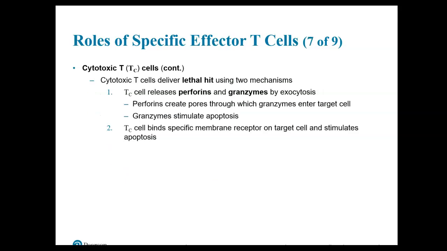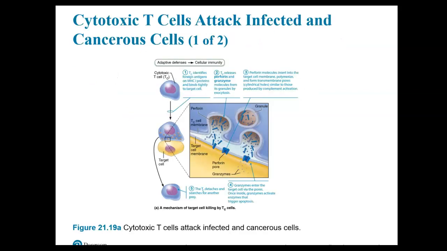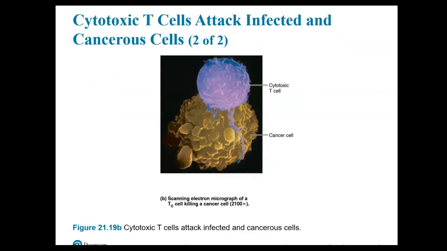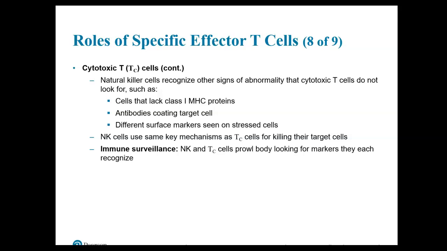The way cytotoxic T cells kill is they release perforins and granzymes, and I just think about perforins as like bullets. They create pores, and then the granzymes enter and stimulate apoptosis in the cells they're trying to kill. So they just kill other cells.